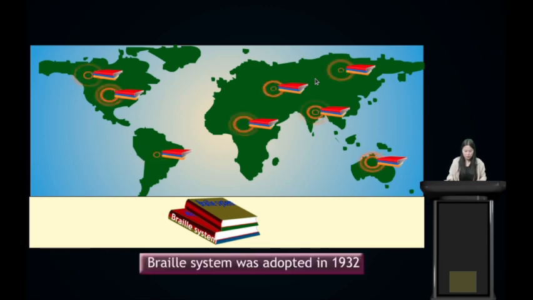This Braille system was developed and published by Braille, who became a teacher to teach the visually impaired people. It was adopted in 1932, and it is now used all over the world to help the visually impaired person to read and write.